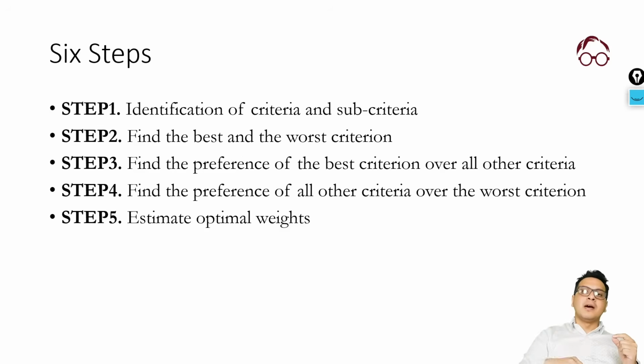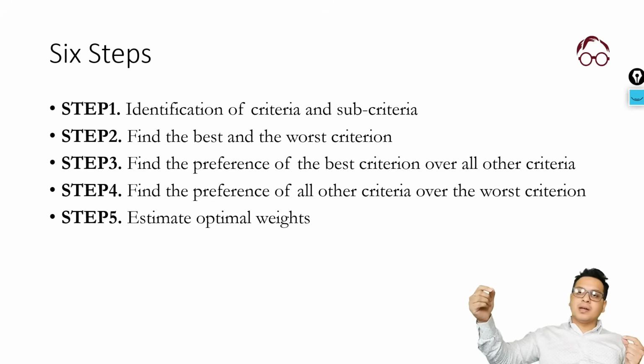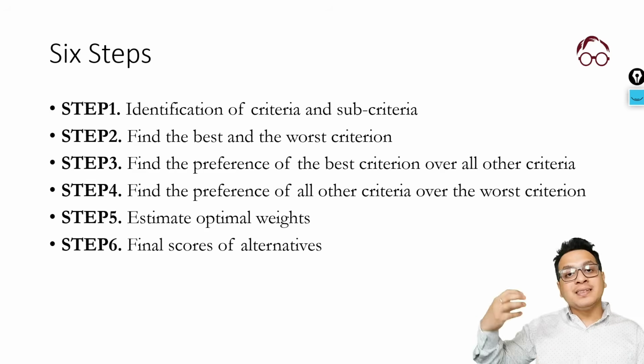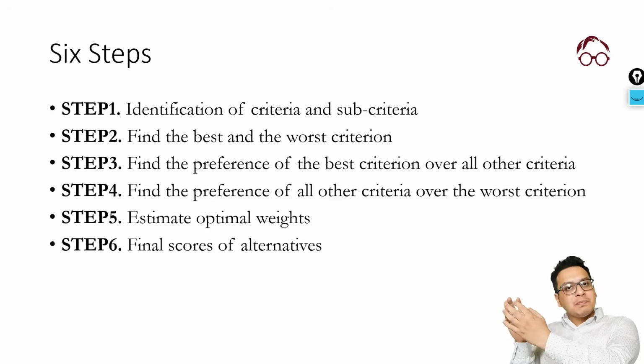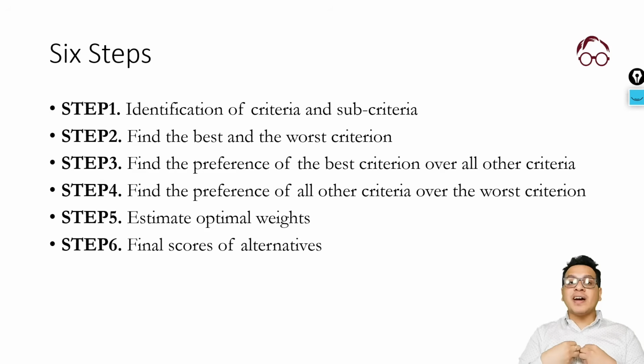Then under criterion 2, how likely we are to go for one of these strategies. Under criterion 3, and so on. So we will have an extra rating. Normally we multiply that rating with the optimal weights, and then we get the final score for the alternatives. So that's one extra step when we have alternatives.